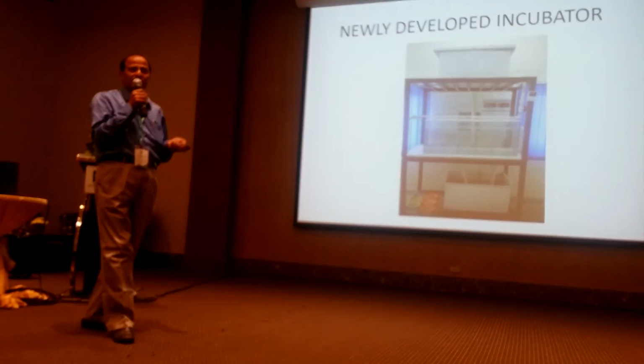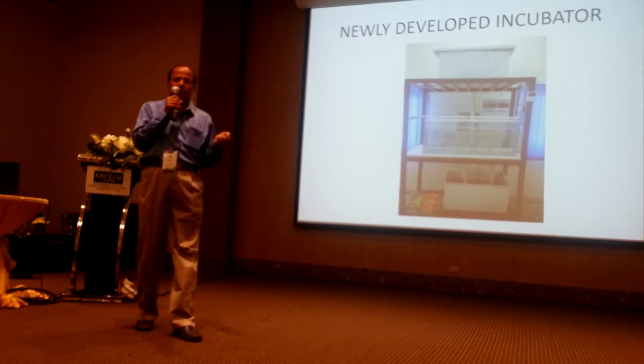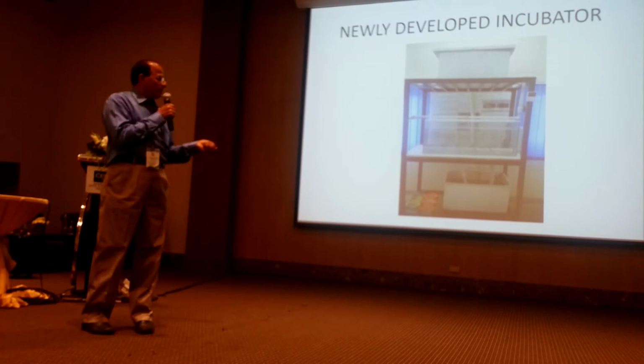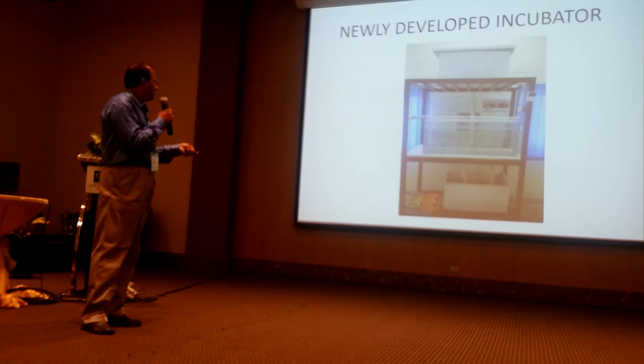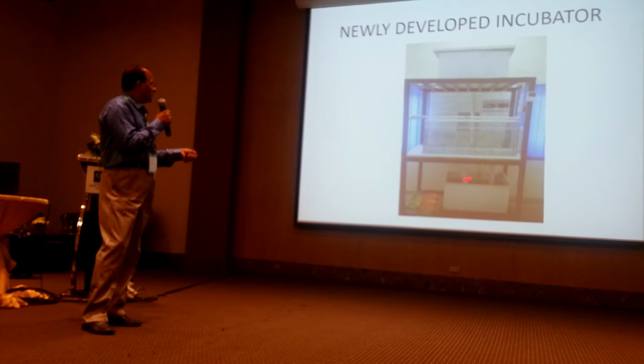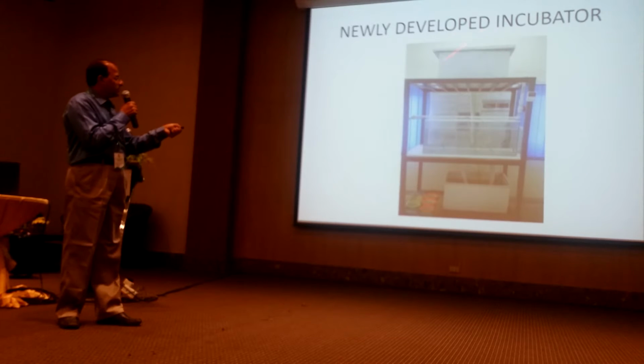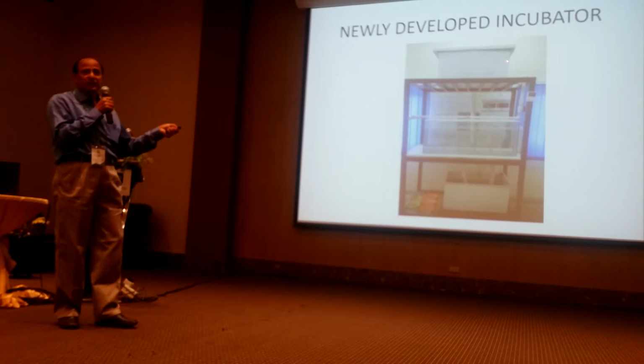But recently, we have developed an incubation chamber. You can see there is a lower chamber, where this motor pumps water to the upper container, and we have treated it with UV lights.